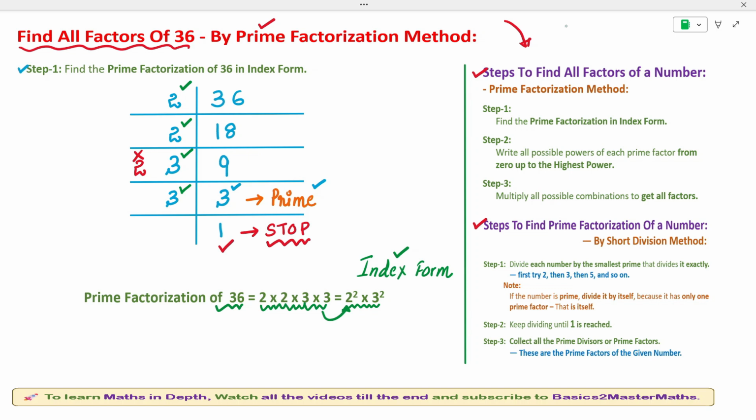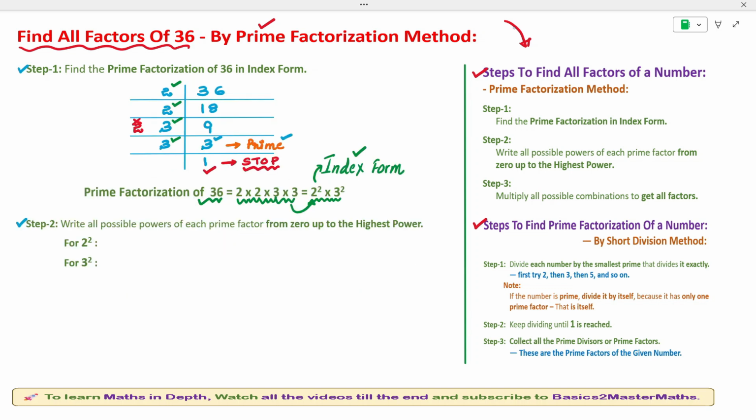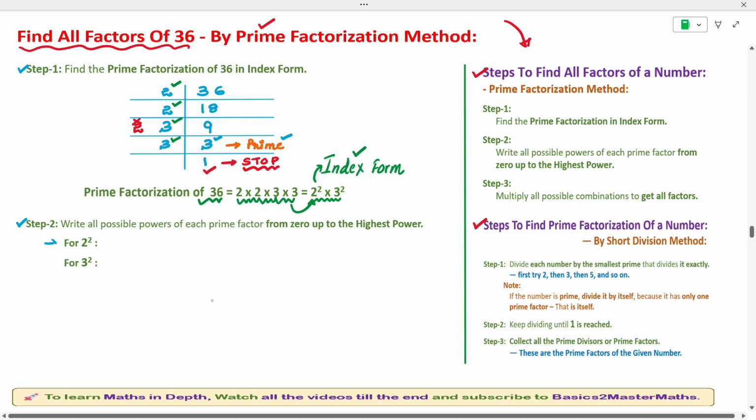Got it? Step 2. Write all possible powers of each prime factor from 0 up to the highest power. Let us write all possible powers for 2 to the power 2.